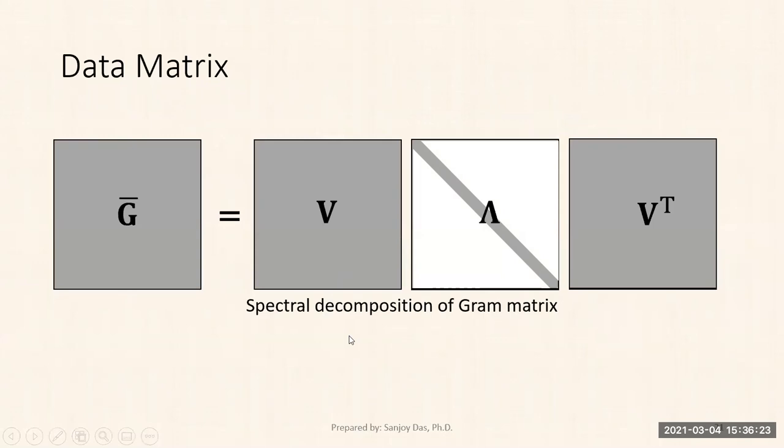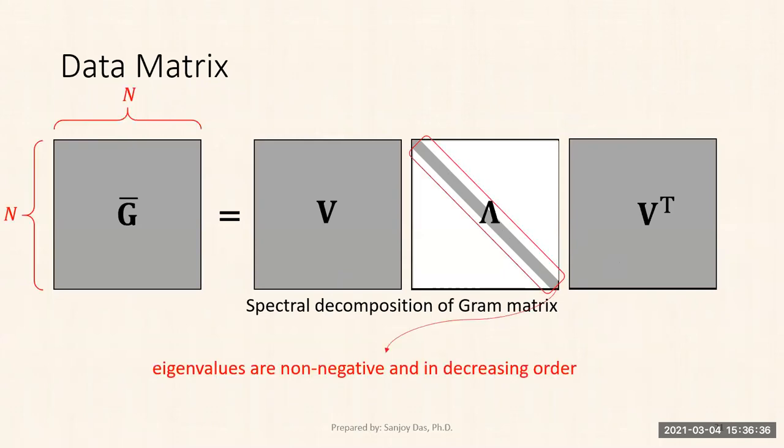With very high dimensional data, all the eigenvalues will be positive; none of them will be negative. The eigenvalues are non-negative and in decreasing order. Lambda 1 is the highest, lambda 2 is the next highest, then lambda 3 and so on. So as we progress in the bottom right direction, we get progressively smaller and smaller entries in lambda, correct?